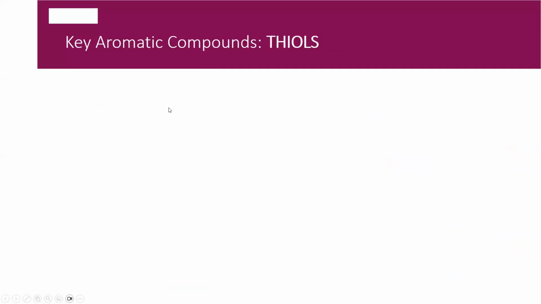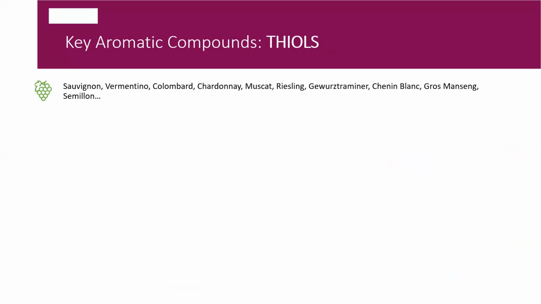So today I wanted to focus on thiols first. Thiols are usually found in white grape varieties such as Sauvignon Blanc, Vermentino, Colombard, but also in Chardonnay and in a lot of different white grape varieties.